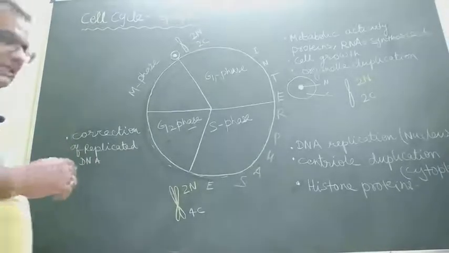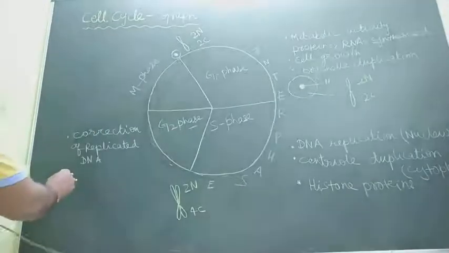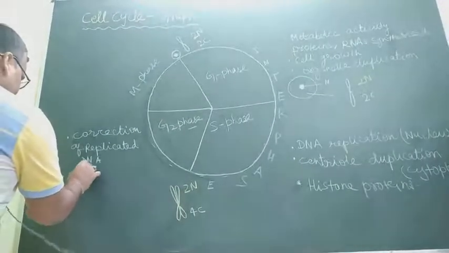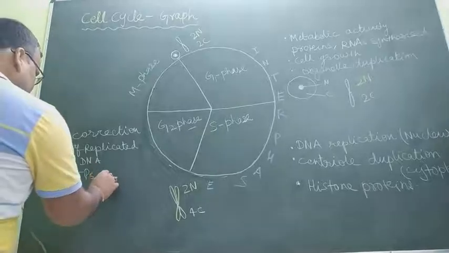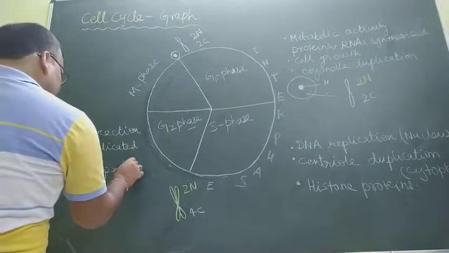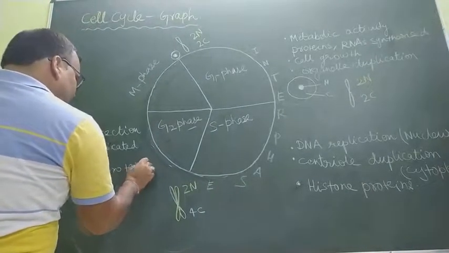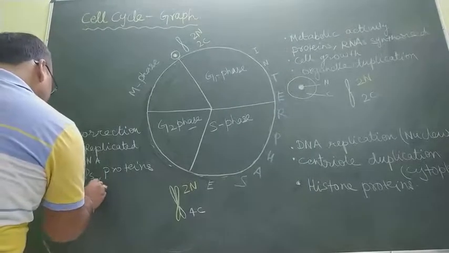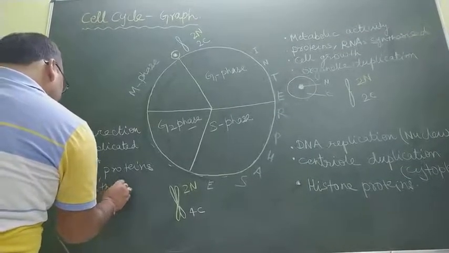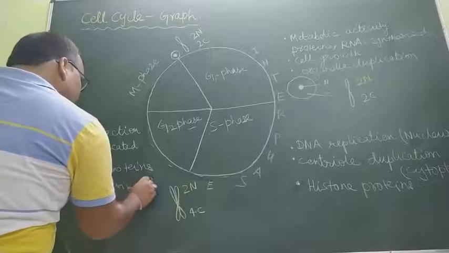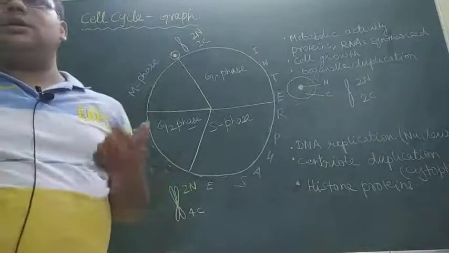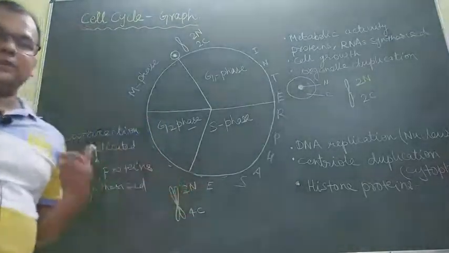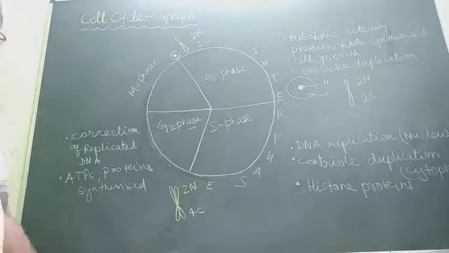Then synthesis of ATP, and proteins are synthesized. In G2 phase, some important organelles also get duplicated, like mitochondria, Golgi body and chloroplast.